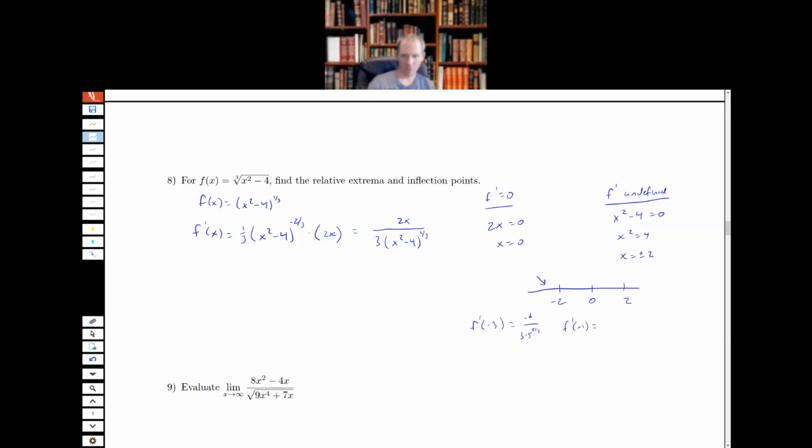Again, you could just plug into your calculator and get a number, but we're just looking for negative and positive. So I put negative 1 in, I'll get negative 2 on top. On the bottom, 1 minus 4 is negative 3, to the 2/3 power will give me a positive number, times 3 is positive.